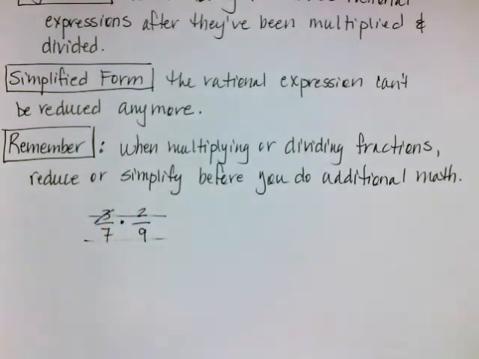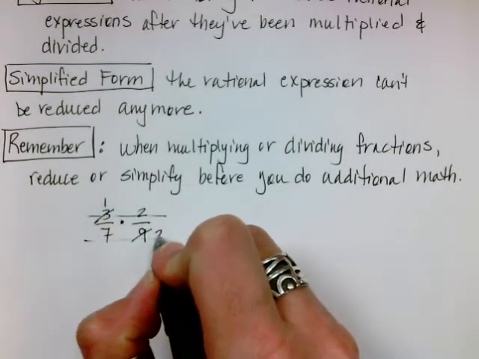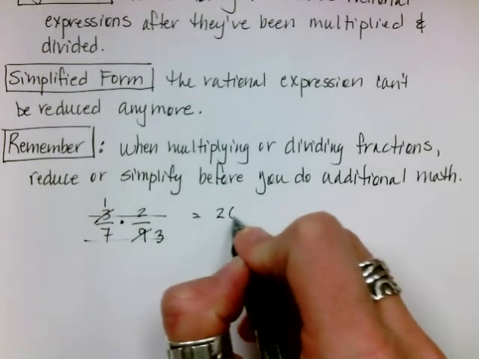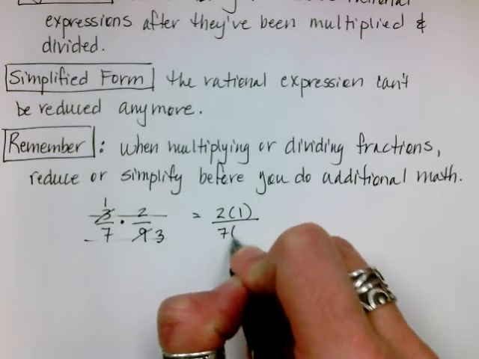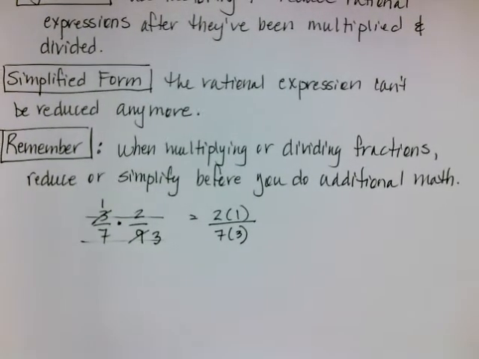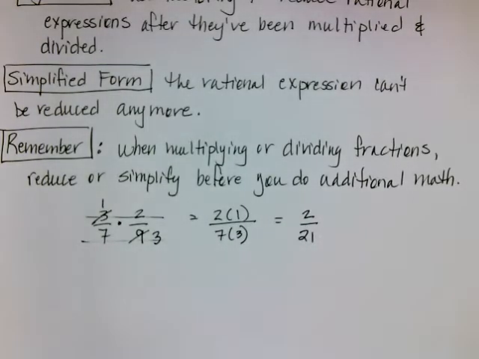So 3 goes into itself 1 time, and then 3 goes into 9 3 times. So now on the top I have 2 times 1, and on the bottom I have 7 times 3. The 2 won't go into anything on the bottom, so I'm going to have 2/21.